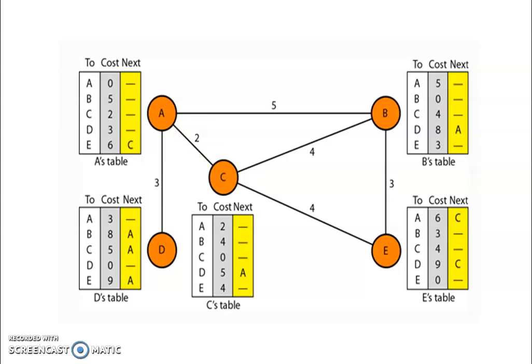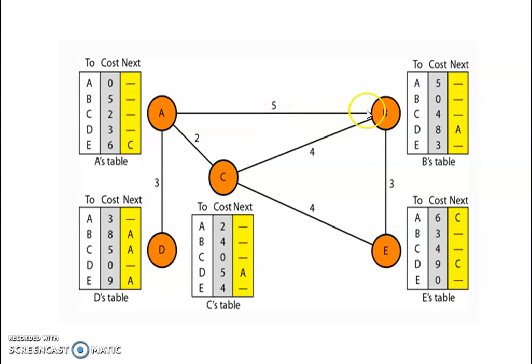So it adds these costs to get the cost of reaching E by means of C. That is, A can reach E through C at a cost of 6. So in the final step, this value of 6, which is less than infinity, is recorded and the value is updated.